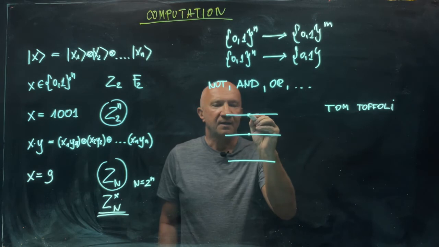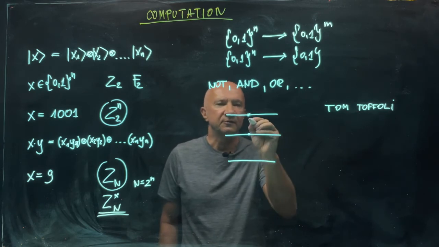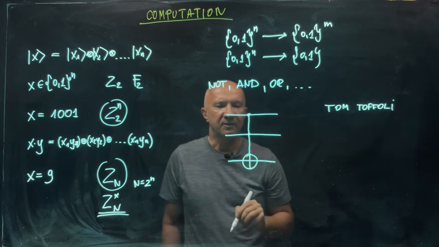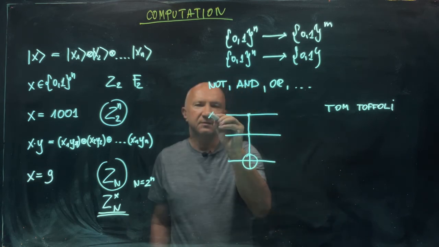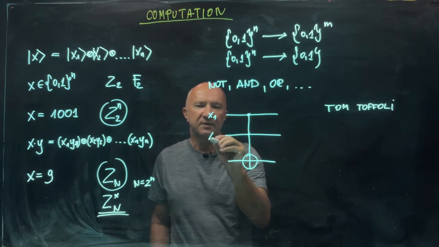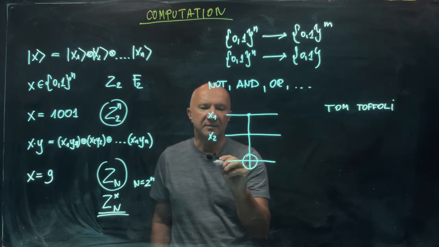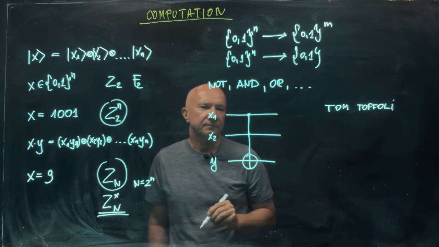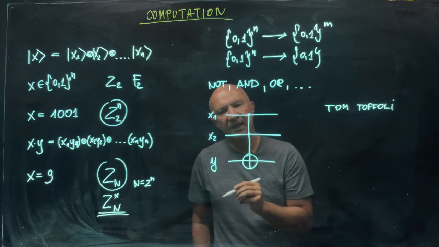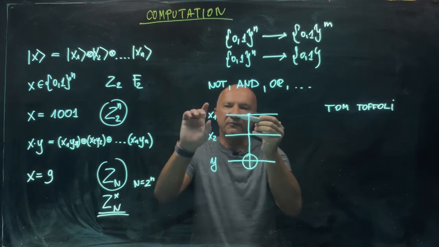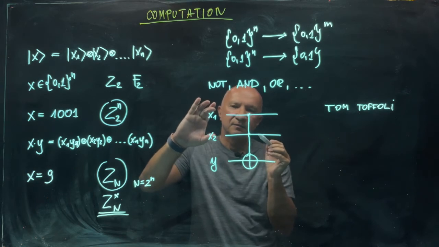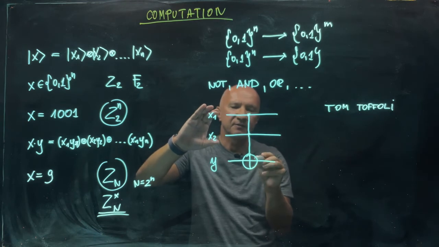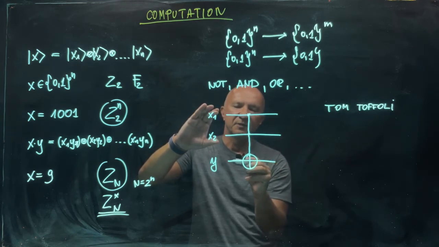You can call it controlled-controlled-not. The first 2 are control bits, and the third one is the target. Let me label the inputs x1, x2, and let the input for the target be y. So the Toffoli gate acts as follows. If the 2 top qubits or bits are 1, then you just flip the target bit, the third one.